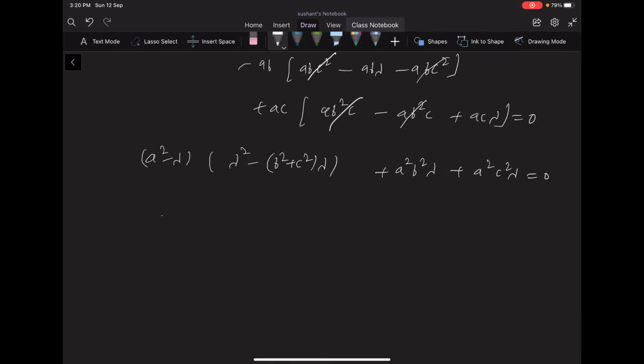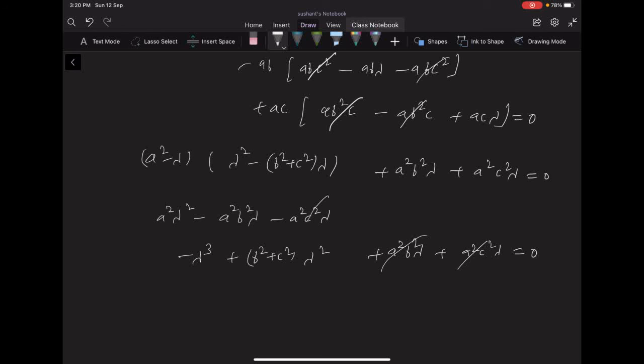Then we will multiply: A square lambda square minus A square B square lambda minus A square C square lambda, minus lambda cube plus B square plus C square lambda square, plus A square B square lambda plus A square C square lambda equals 0.